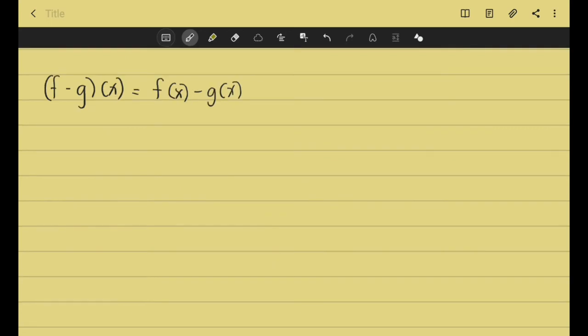Next, we have the subtracting functions. So again, let f and g be our functions. We have f minus g of x is equal to f of x minus g of x. So let us have our f of x as x plus 5 and our g of x is 2x minus 1.